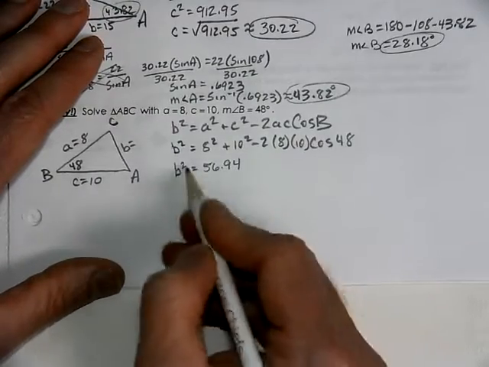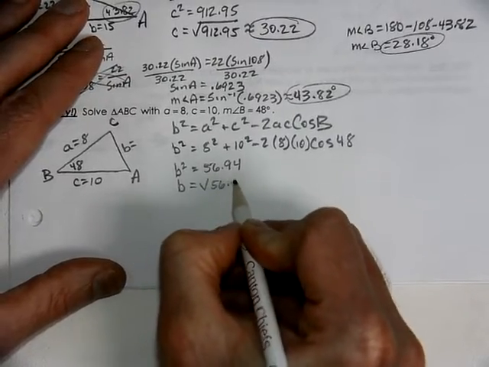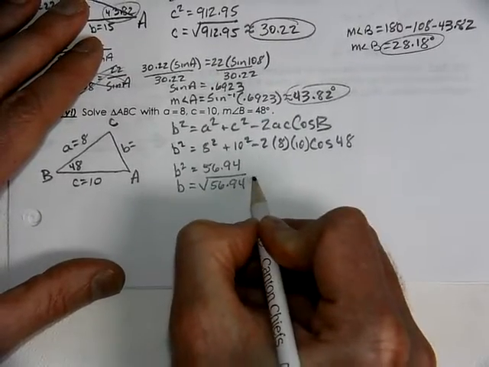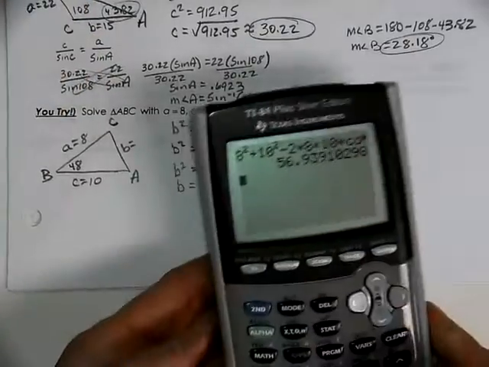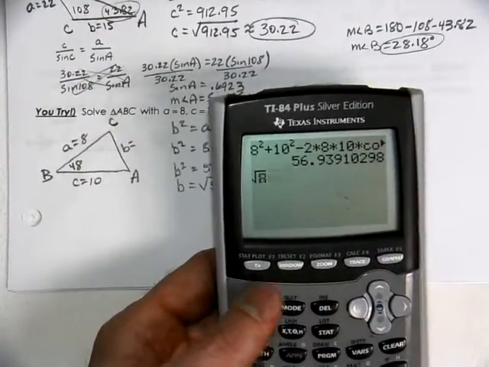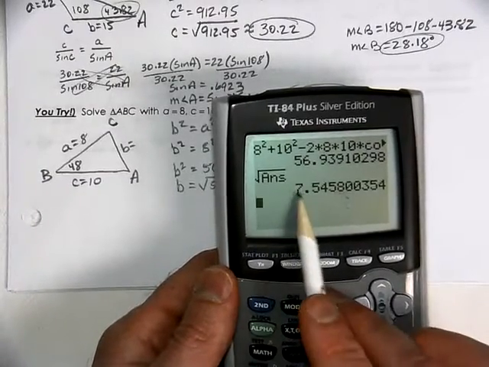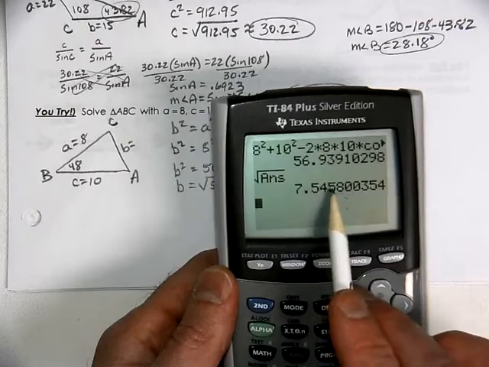But that's a B squared value. You need to take the square root of 5694. And remember, we don't type in values. We use the A and S button whenever possible. And we have 7.55.